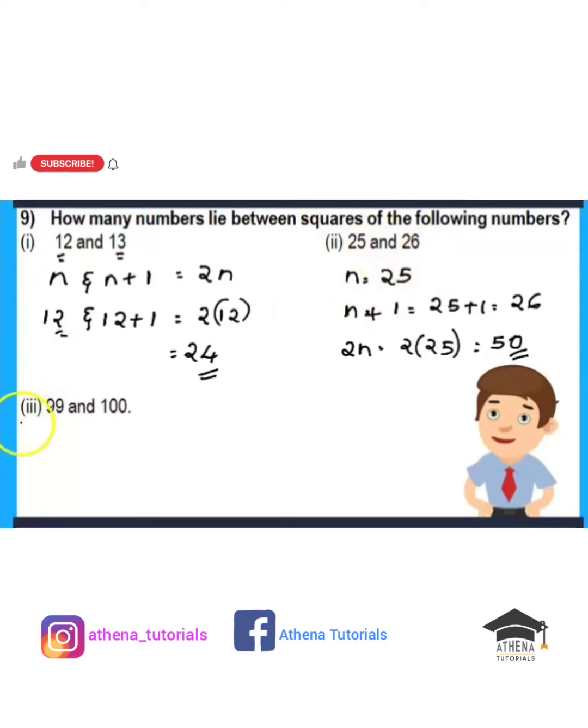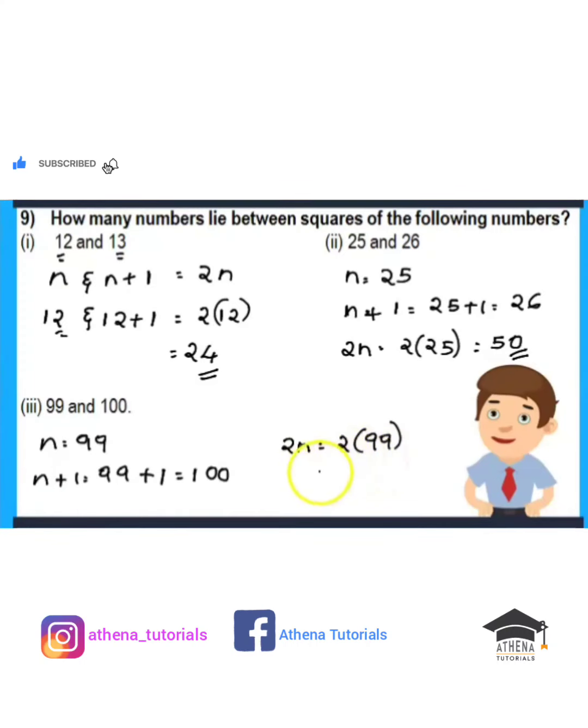And finally, the last part, n is equal to 99. So n plus 1 will be 99 plus 1, which will be 100. So 2n will be 2 into 99. What is 99 twos? It is 198. So 198 numbers lie between squares of 99 and 100.